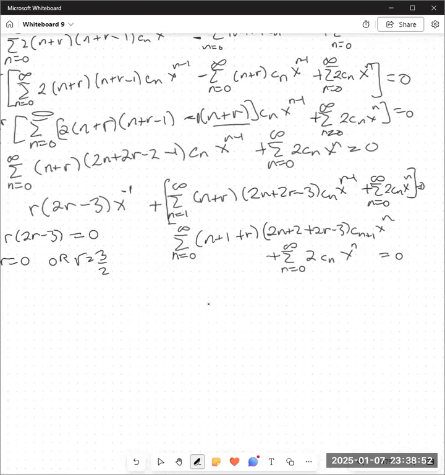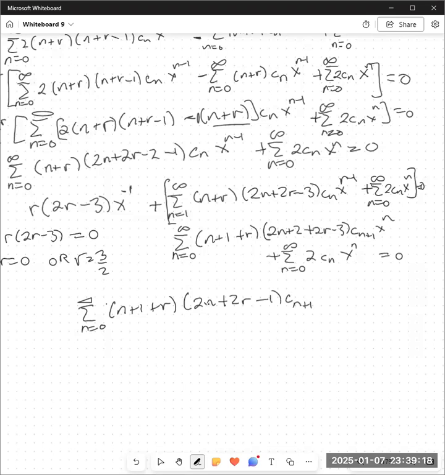Combining those, the sum from n equals 0 to infinity of n plus 1 plus r times 2n plus 2r minus 1, c sub n plus 1, and then plus 2 c sub n, all of that x to the n equals 0.